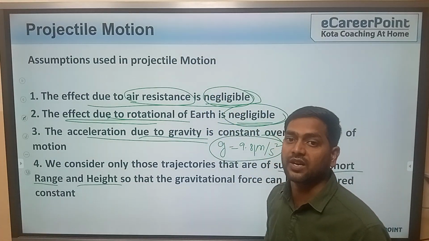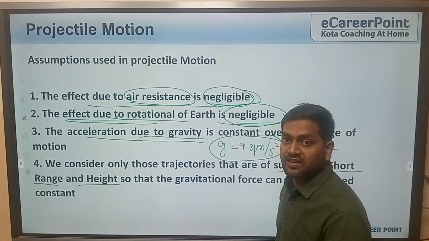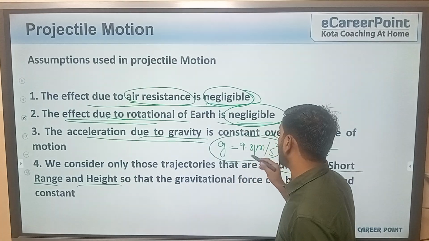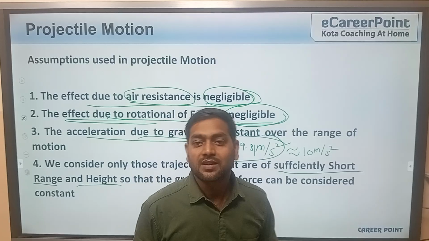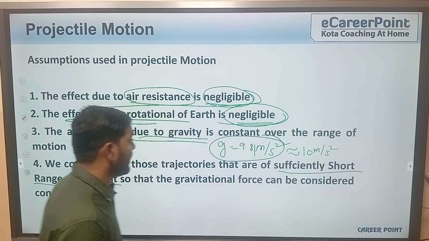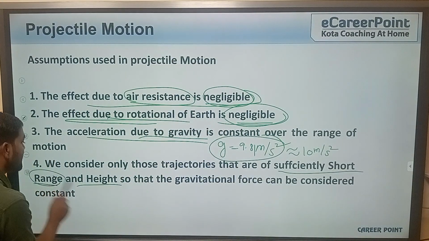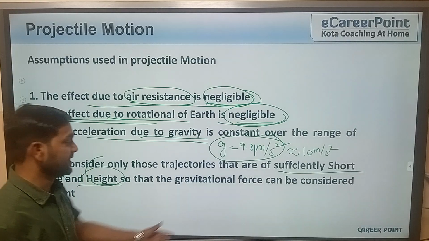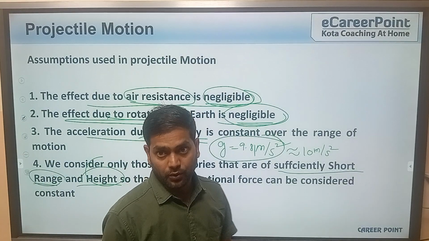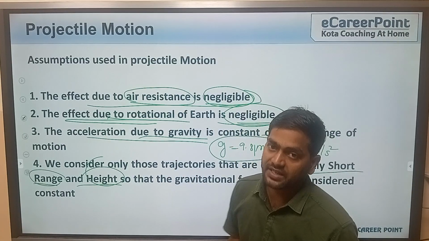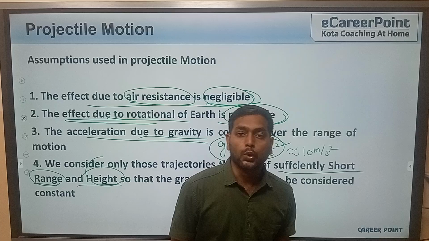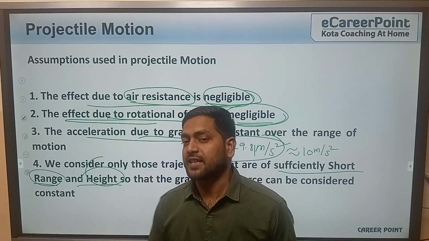For short ranges and short heights, we are considering the acceleration due to gravity as 9.81 meter per second square.